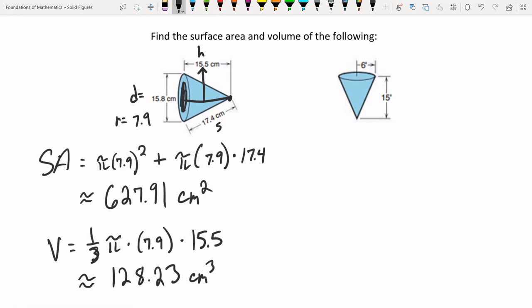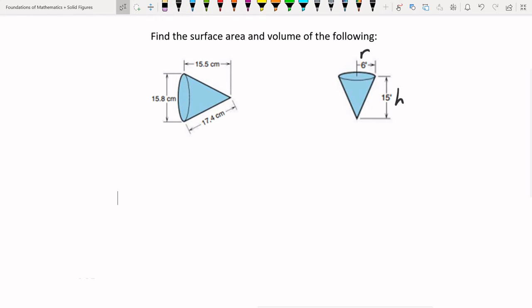Now the second cone, we have two pieces of information. We know the radius and we know the height. We do not know the slant height. So we do need to find that before we do much else. Let me clean up some space here. All right. We can draw a straight line down the center and go straight out.